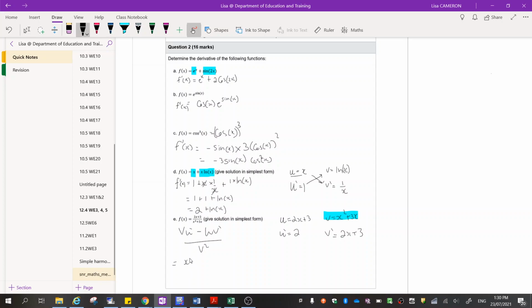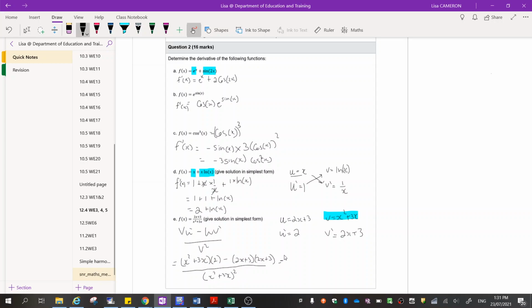So x squared plus 3x multiplied by 2 minus 2x plus 3 times 2x plus 3, and that's all going over x squared plus 3x squared.